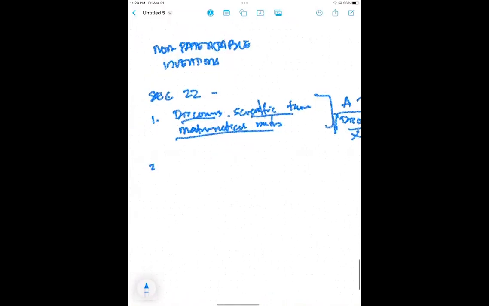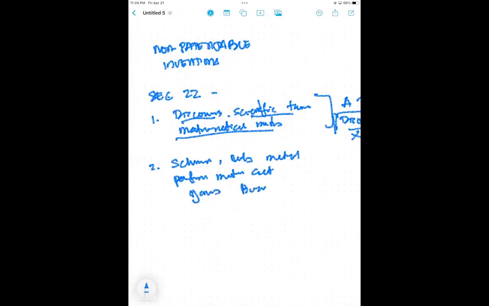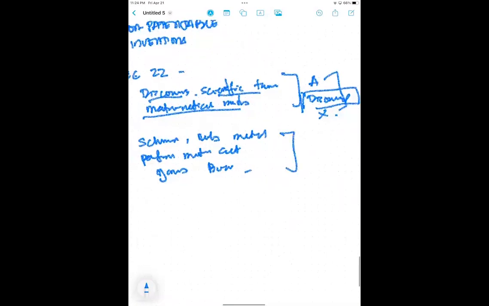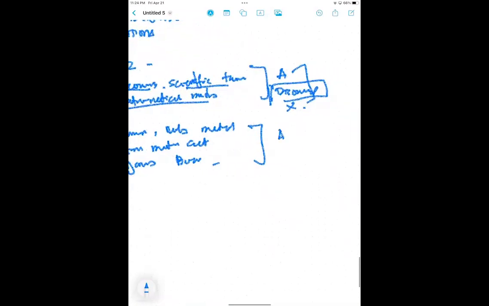Now, number 2, under Section 22, would be schemes, rules, methods of performing mental acts, playing games, doing business, and programs for computers. And to illustrate this, let's say A was able to invent a game.